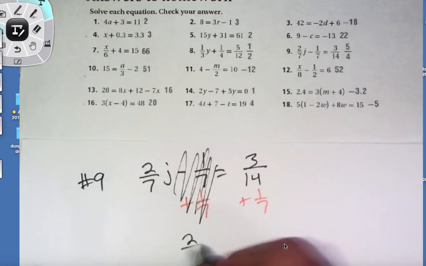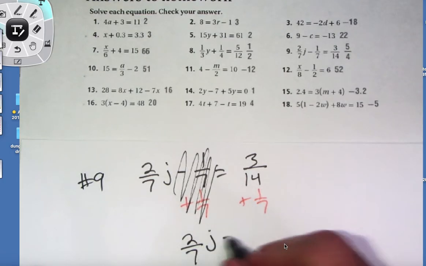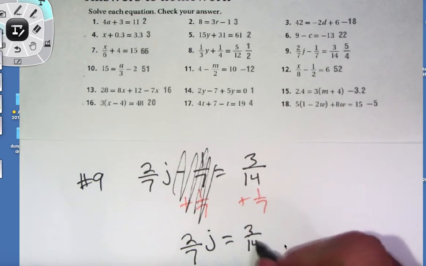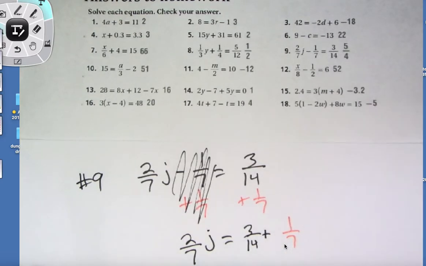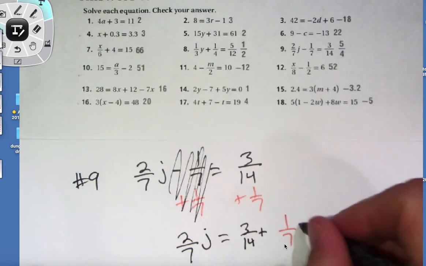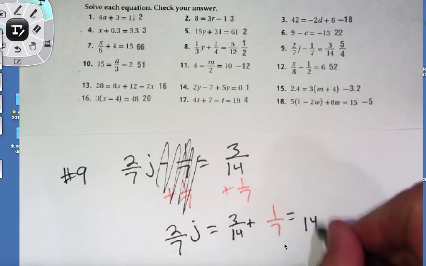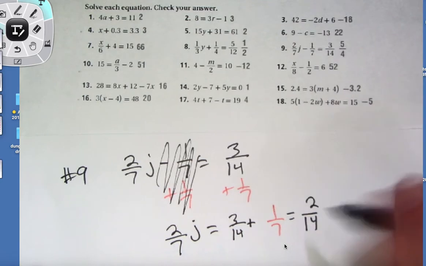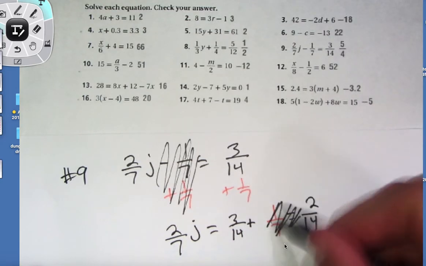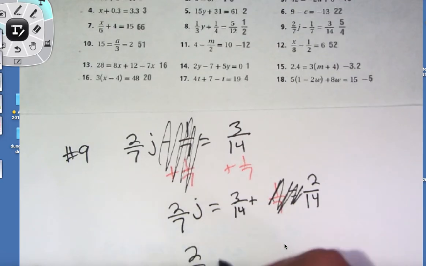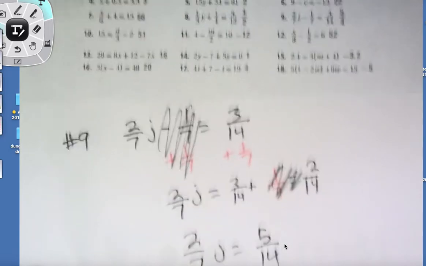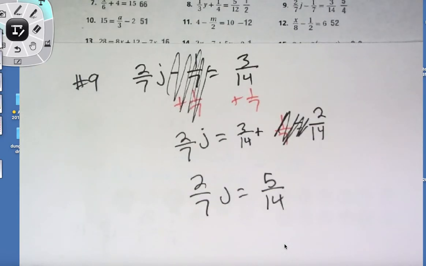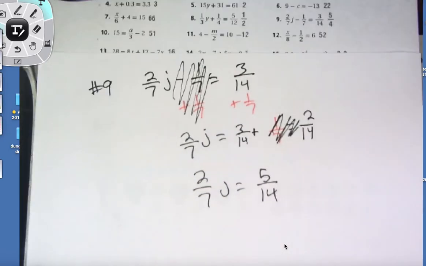So we get 2/7 j equals 3/14 plus 1/7. And just like the last problem, to add or subtract fractions, you need common denominator. So 1/7 is the same as 2/14. And 3/14 plus 2/14 is 5/14. So we have 2/7 j equals 5/14.